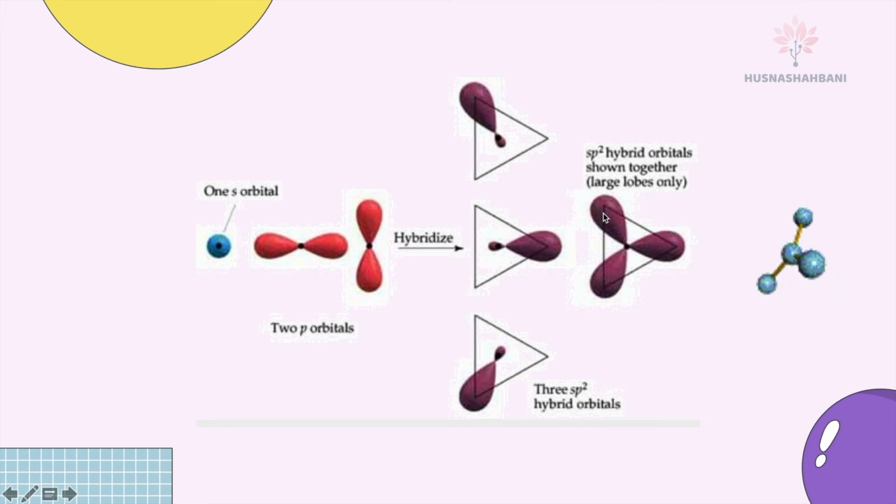So 3 of them, drawn together. You only show the large lobes. The small lobe part, you don't show it. Just draw the large lobe part in drawing hybrid orbitals. And the angle between them is 120 degrees.